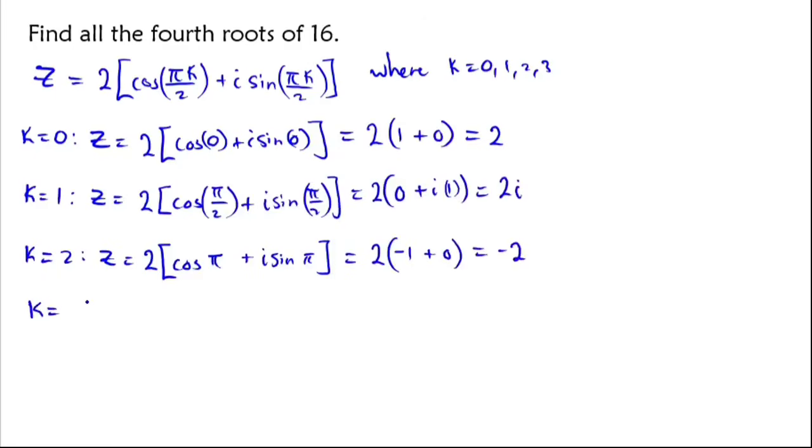Lastly, what about when k is 3? So when k is 3, z is equal to 2, open bracket, cos, remember, k is 3, so it will be 3 pi over 2, plus i sine 3 pi over 2.